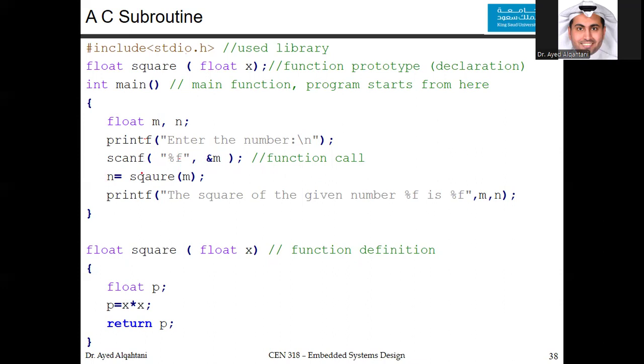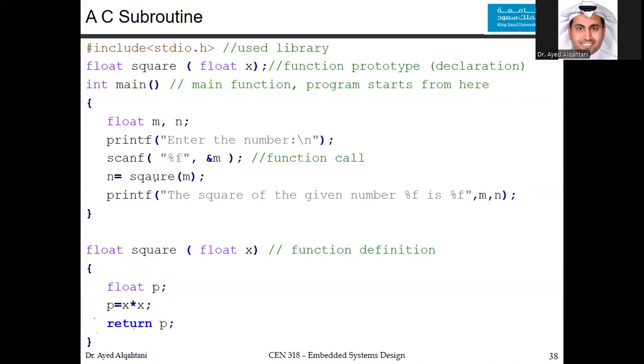And then you call the method that we have its prototype. You should write the method itself, which is the square. You can see that I copied this line right there. The only difference is now we have a semicolon. Here we open the body of the square, and you define another variable like b, and b would be x times x, since you are doing the square, and you return the value of b.